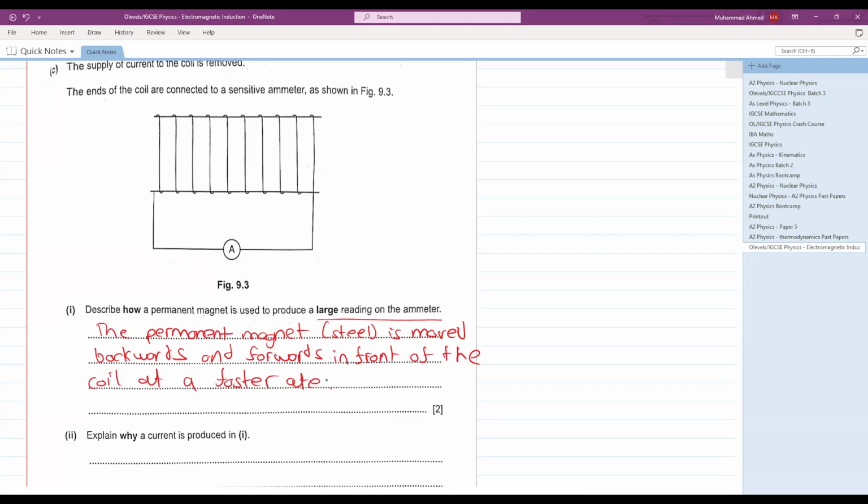Why faster rate? Because you need to generate a large reading on the ammeter. So what will you say? The permanent magnet steel is moved backward and forward in front of the coil at a faster rate. This will generate your voltage. Okay.